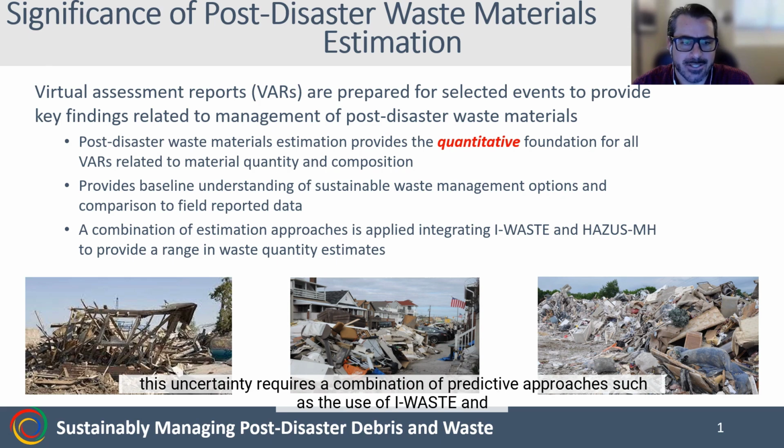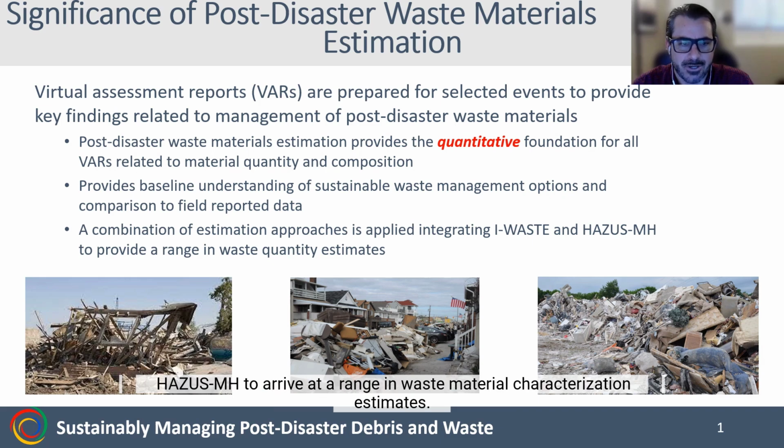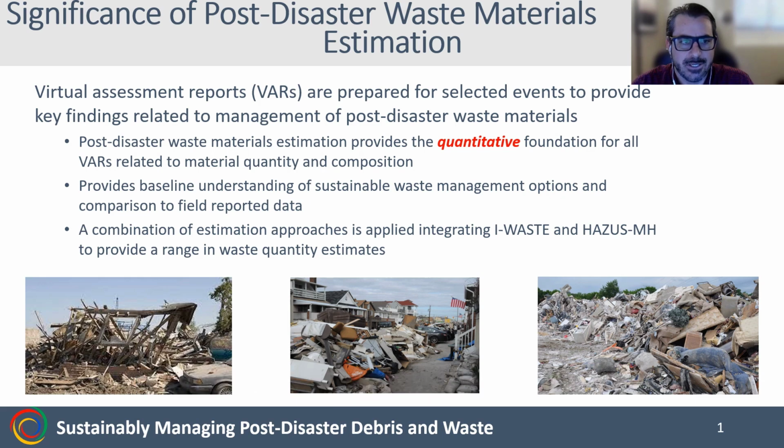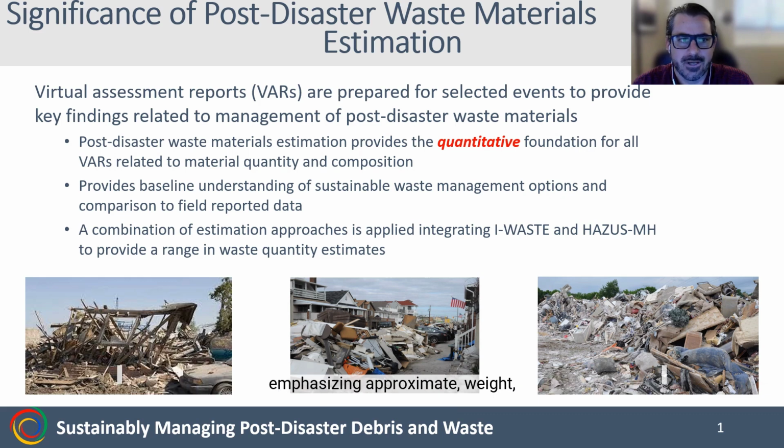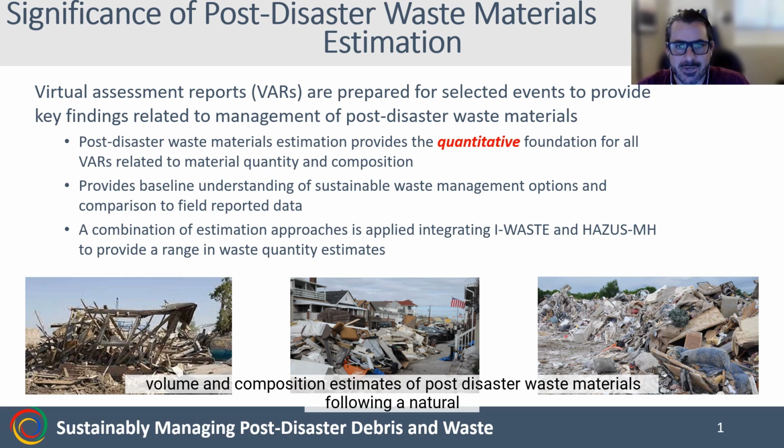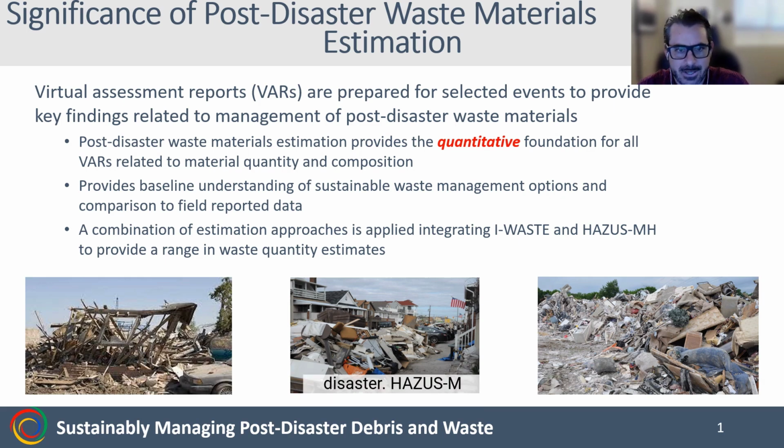Effectively characterizing this uncertainty requires a combination of predictive approaches, such as the use of iWaste and HAZUS-MH, to arrive at a range in waste material characterization estimates. As a brief review, iWaste is an easy-to-implement modeling tool for generating order of magnitude, emphasizing approximate weight, volume, and composition estimates of post-disaster waste materials following a natural disaster.